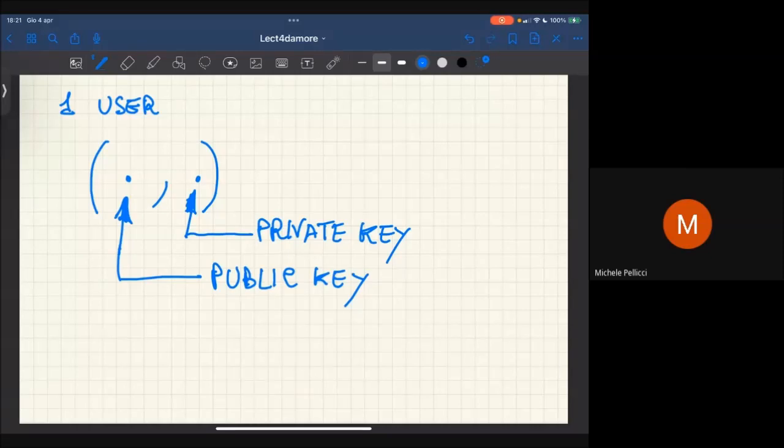The meaning of public and private is that the public key is known by everybody. This is really public, not secret. You can print the public key on your web page. But remember that every user is having a public key, and associated with the public key, there is the private key.